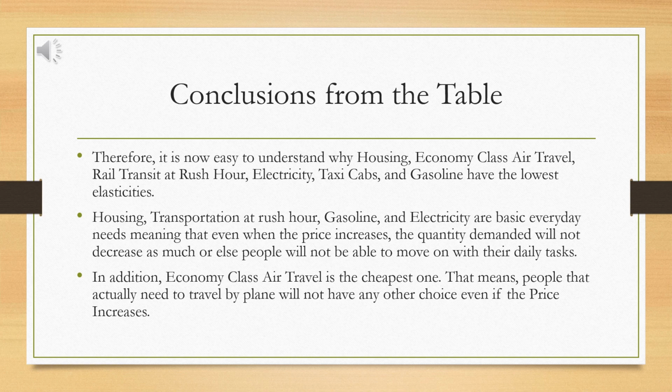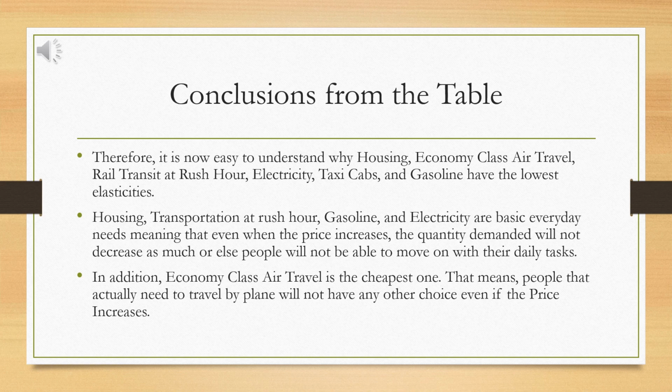Housing, transportation at rush hour, gasoline, and electricity are basic everyday needs, meaning that even when the price increases, the quantity demanded will not decrease as much, or else people will not be able to move on with their daily tasks. In addition, economy class air travel is the cheapest one.